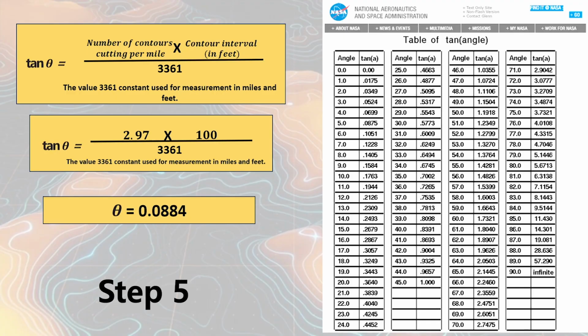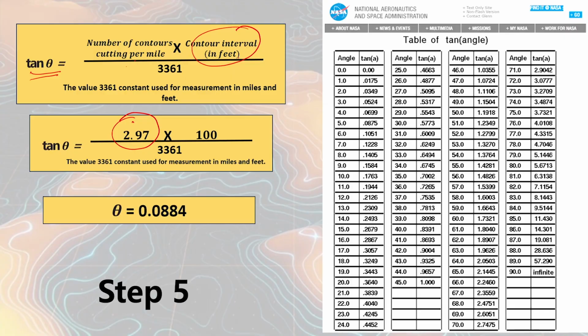To arrive at the slope value, the formula that was given to us is tan theta equals the number of contour cuttings per mile, that is the average number of contour cuttings which we found to be 2.97, multiplied by the contour interval in feet. Since our topo sheet represents its values in miles and feet, the contour interval is 100 feet.